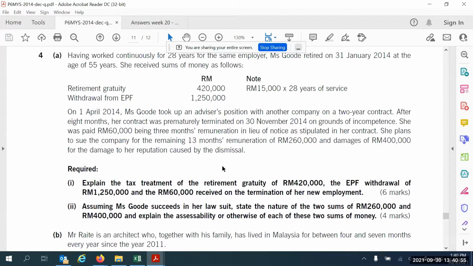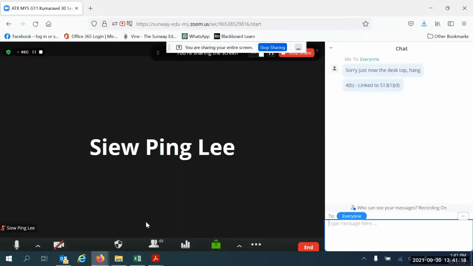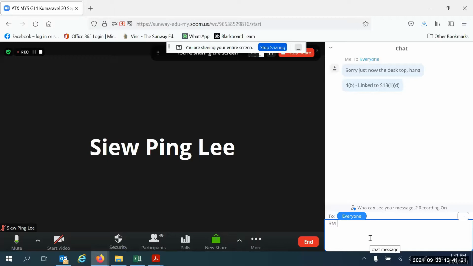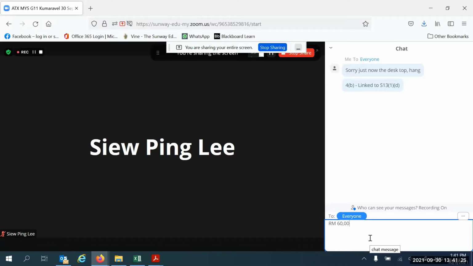Termination of new employment. Now look at this phrase: RM60,000 being 3 months remuneration in lieu of notice.